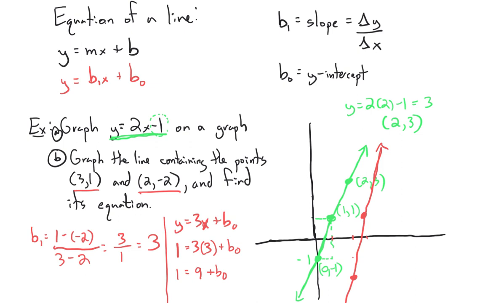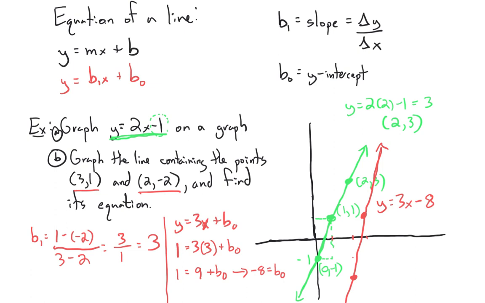Subtracting 9 from both sides, we get that negative 8 equals b naught, or b0. So our equation, which I will just write next to our line here, is going to be y equals 3x minus 8.